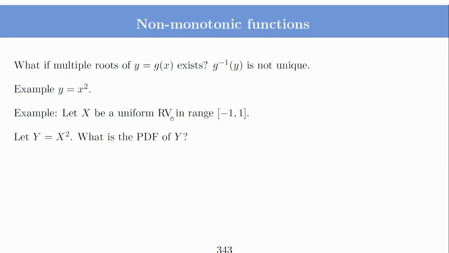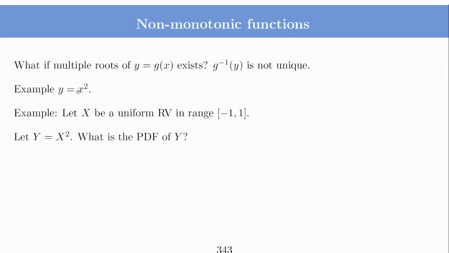So values in the negative and positive can occur with non-zero probabilities. In that case, I have to consider both roots, root y also, minus root y also. If x only takes values on the positive side, you may ignore the second root because it will not have any density. But in this case, it will have.